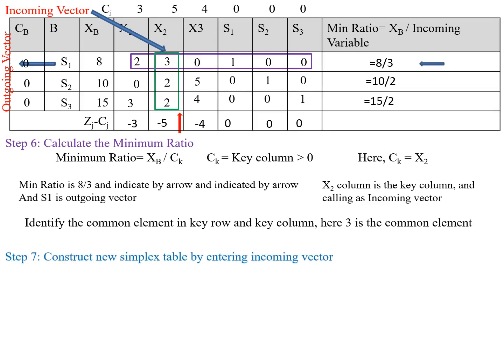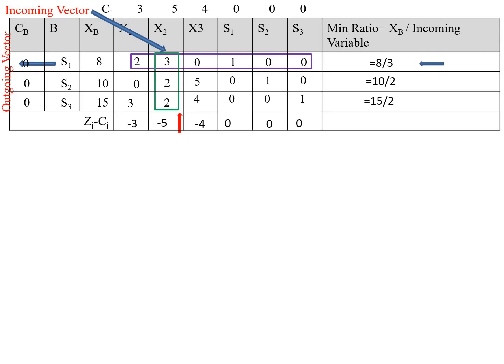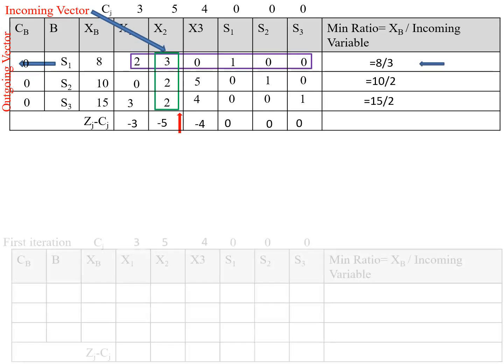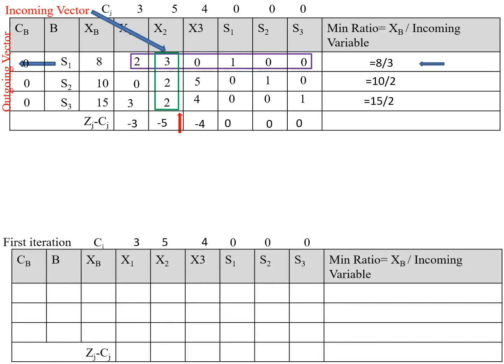Next step is to construct the new simplex table by entering the incoming vector. This is the old simplex table. Now modify this table. First enter the incoming variable x2 in the place of the outgoing variable s1, and CB value for x2 is 3.